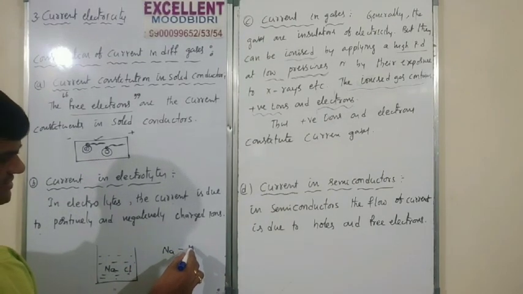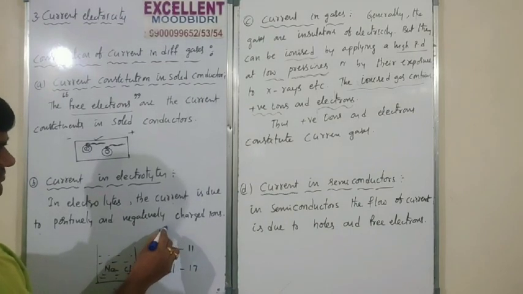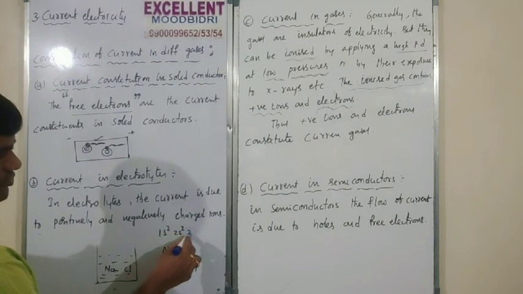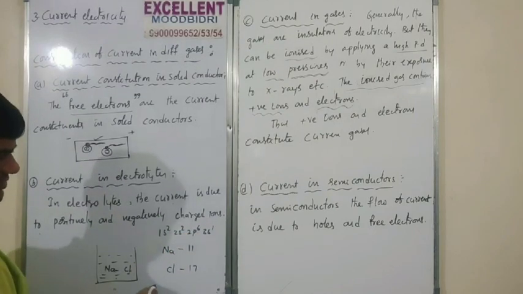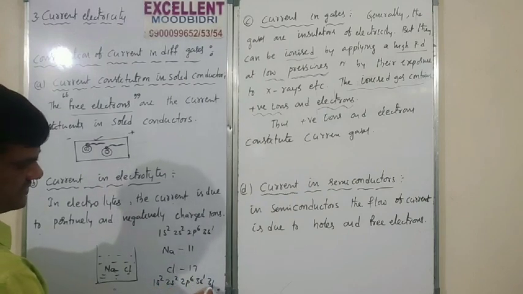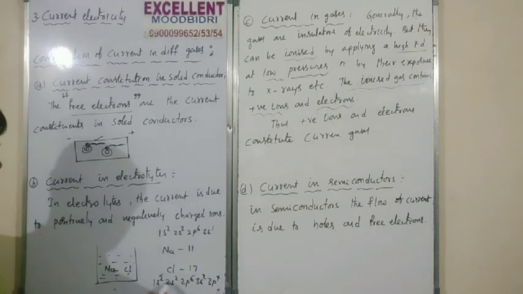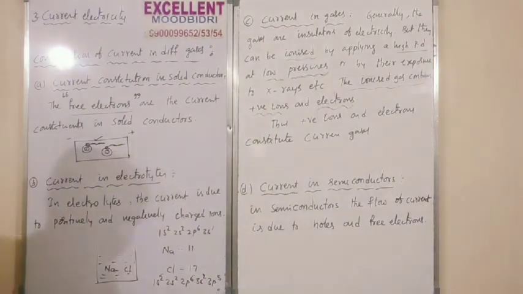Na atomic number is 11, Cl is 17. The configuration of Na is 1s2, 2s2, 2p6, 3s1. For Cl it is 1s2, 2s2, 2p6, 3s2, 3p5. Sorry, 3p5, extremely sorry.